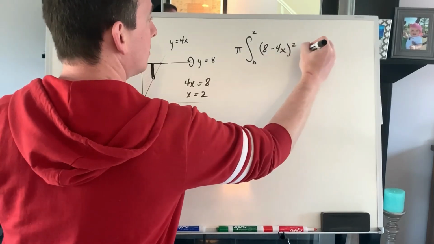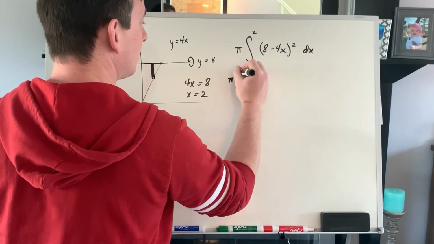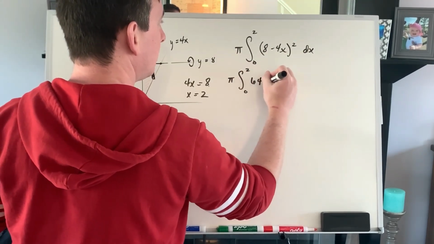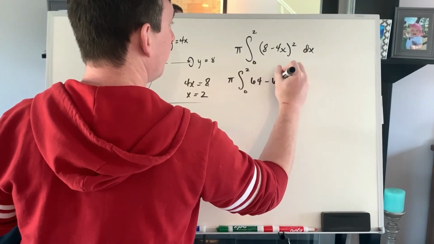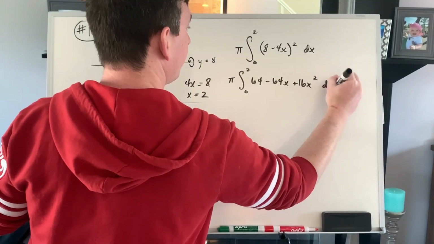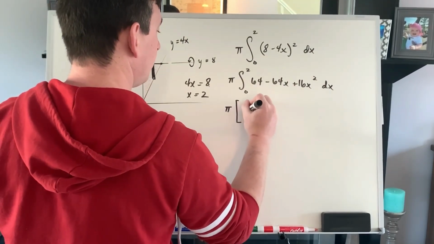Anyway, the easiest way to integrate this, or at least one way, is probably to just FOIL this whole thing out. And then integrate.